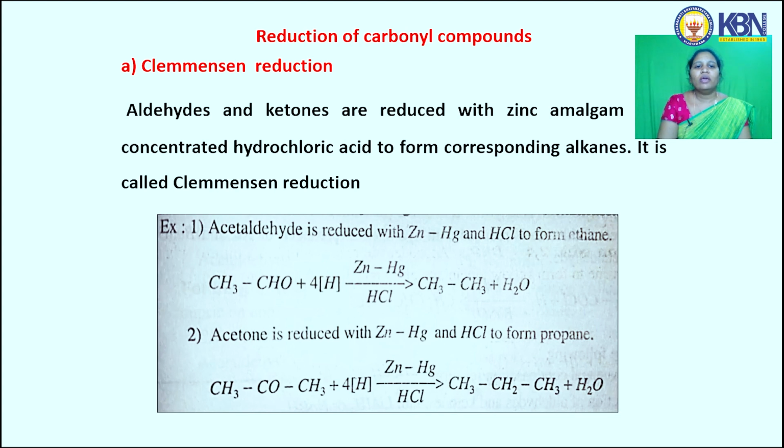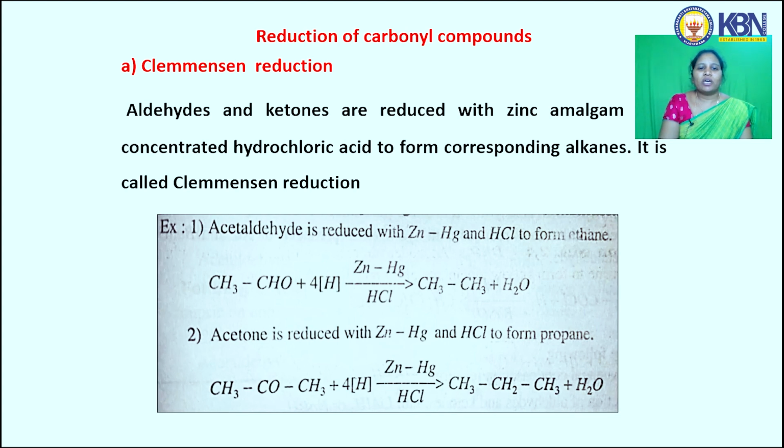It is called Clemmensen reduction. Once again, Clemmensen reduction means aldehydes and ketones are reduced to the corresponding alkanes in presence of zinc and mercury amalgam and hydrochloric acid.